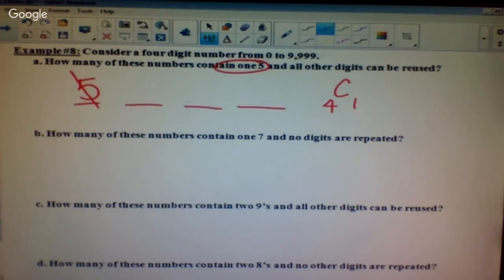Each slot can be filled with 1 digit. So I had 10 to begin with, and I take away the 5, so I've got 9. It says these ones can be repeated, which means I have how many options here? And how many options here? So this is times 9 to the 3rd.